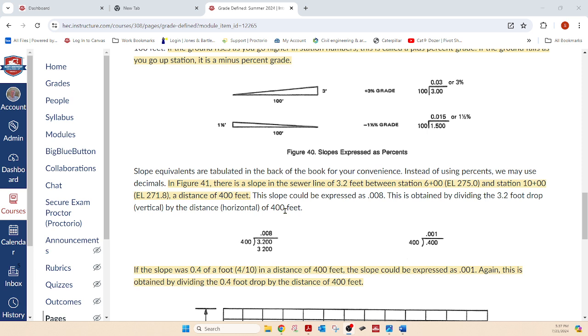Go back in your mind, I don't want to flip back and forth again. Remember, percent grade equals vertical divided by horizontal. So my percent right here comes from the vertical 3 2/10 divided by 400. I'm going to do that.